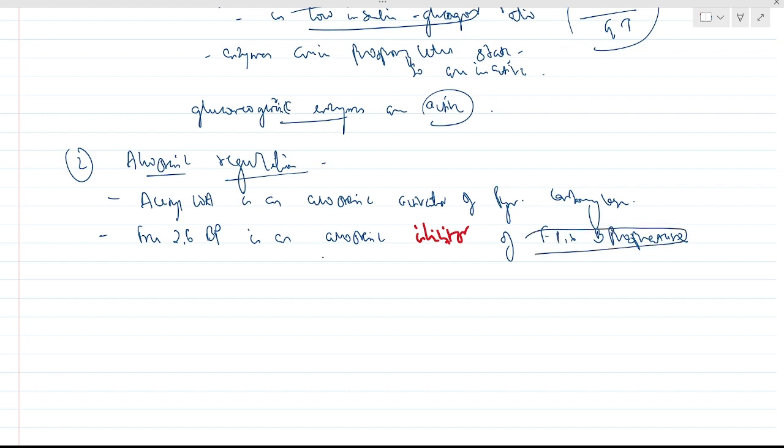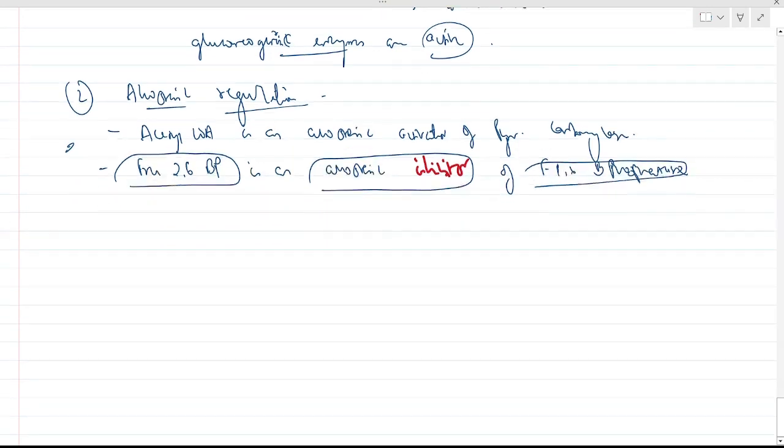Who allosterically inhibits it? Fructose 2,6 bisphosphate. So these are two allosteric regulations of gluconeogenesis. And to see some applied concepts here.